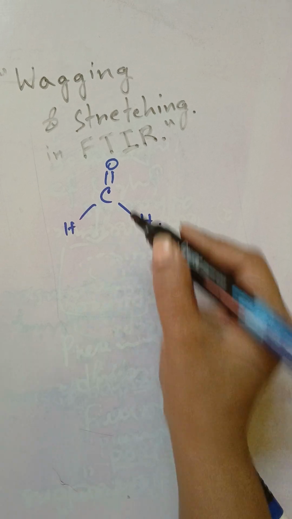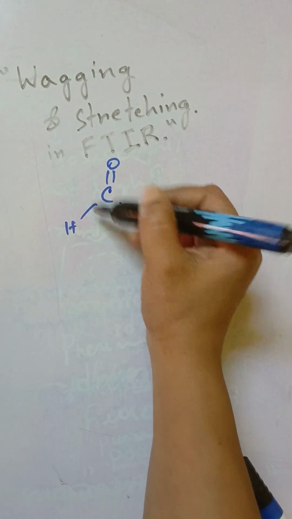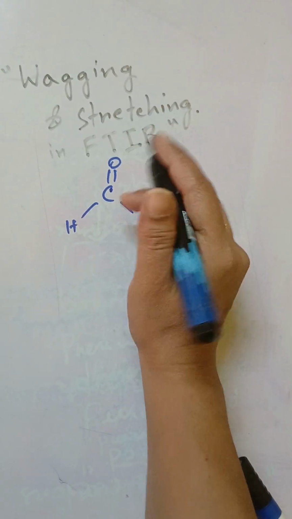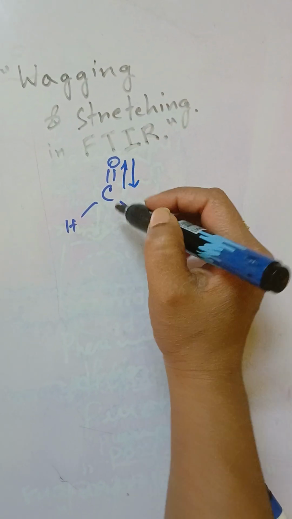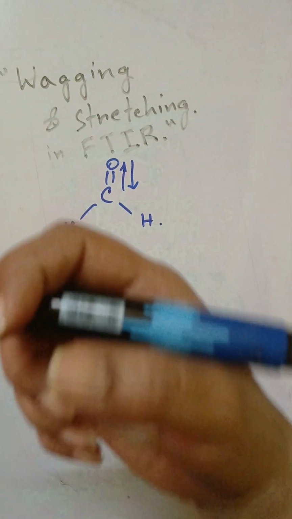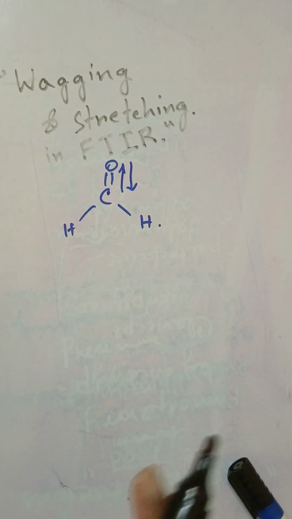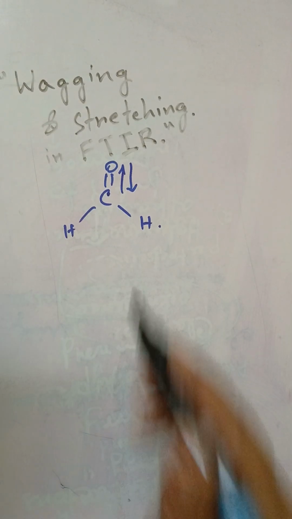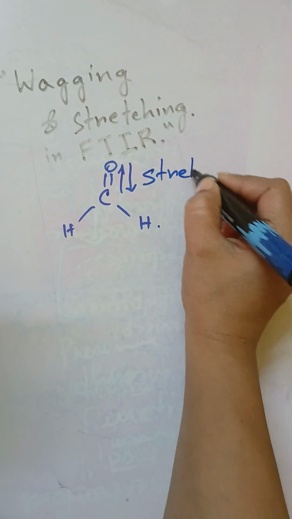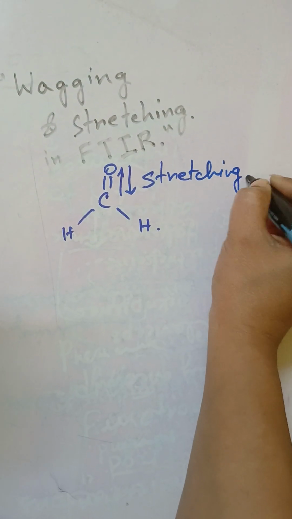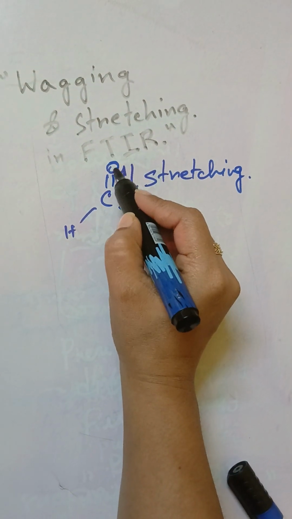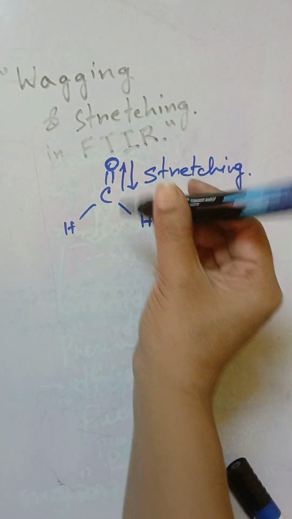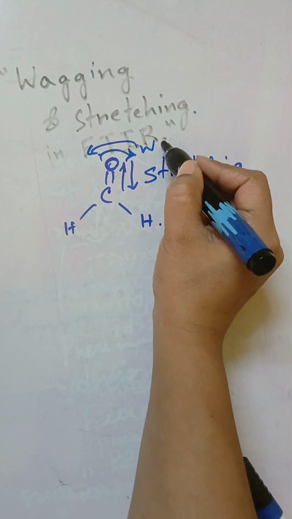In case of carbonyl compounds, what happens if movement occurs in this direction, either upwards or downwards? I'll show you with the help of words. That is known as stretching. And if this oxygen atom moves like a pendulum, that is called wagging.